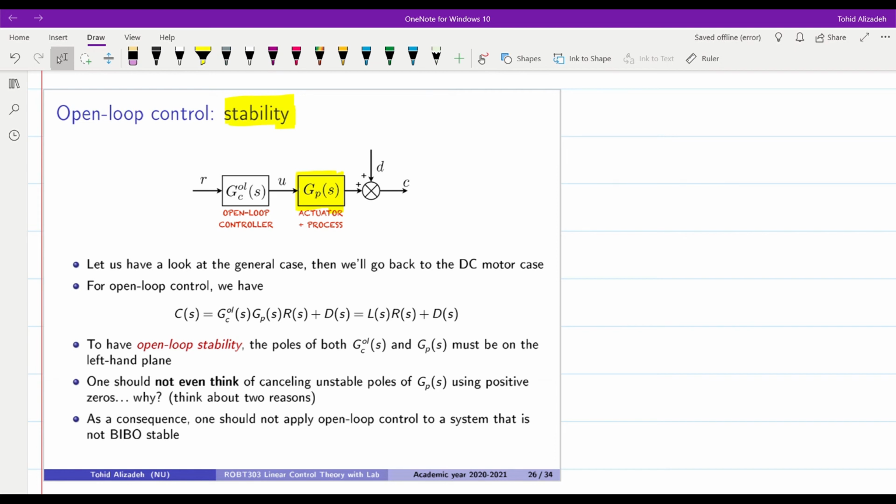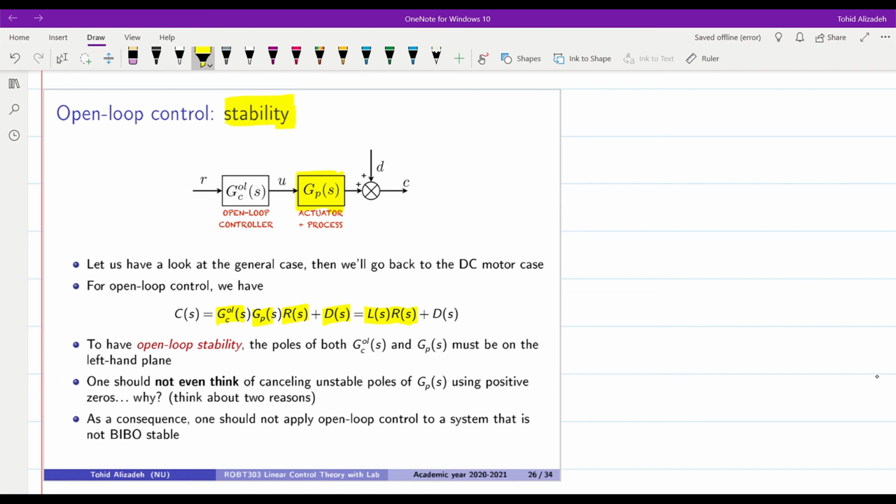Over here you can see that C of S is obtained as GC open loop times GP times R plus D, which is the disturbance term, or we have L of S times R plus D of S. And L of S is called the loop transfer function.